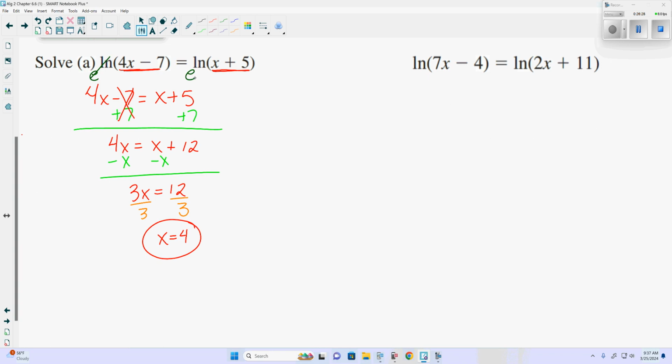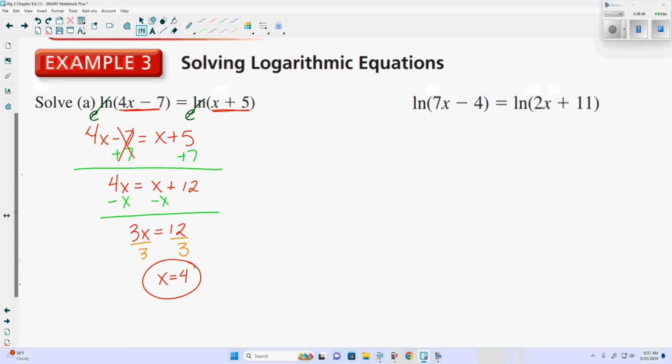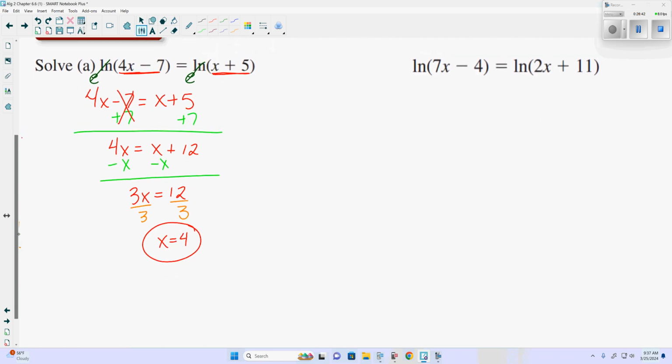But if I do it to one side, I have to do it to the other side as well. Both of those are canceled, telling us 4x minus 7 is equal to x plus 5. So that's the reason that works. We could put both sides as the base of e and the ln cancels on both, giving us that there.